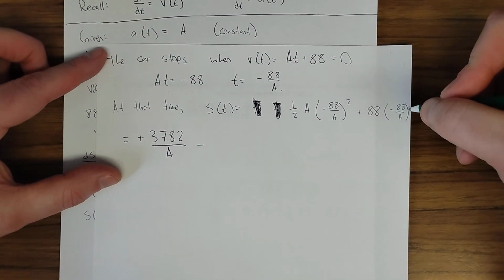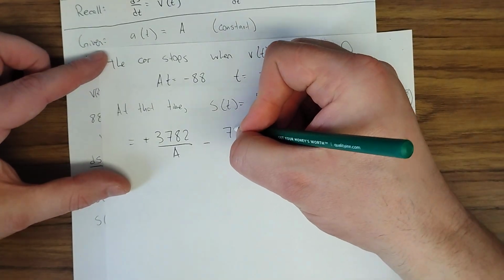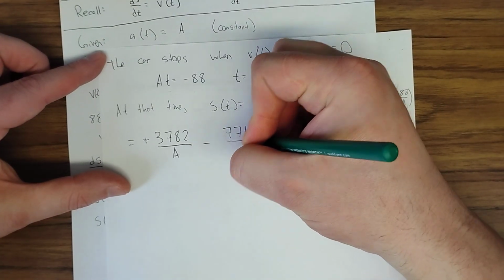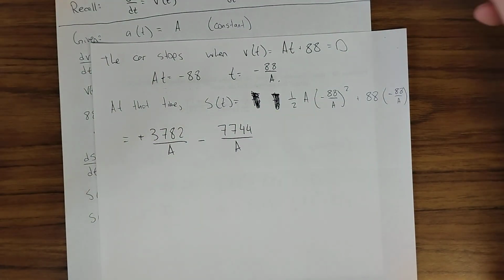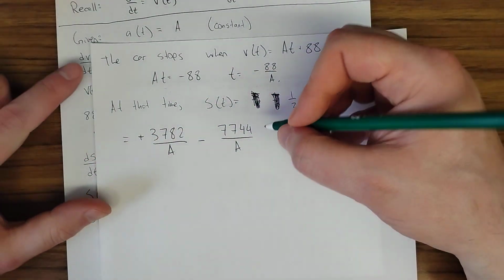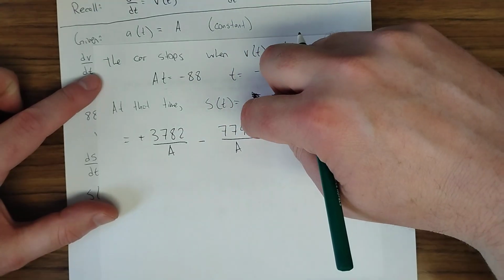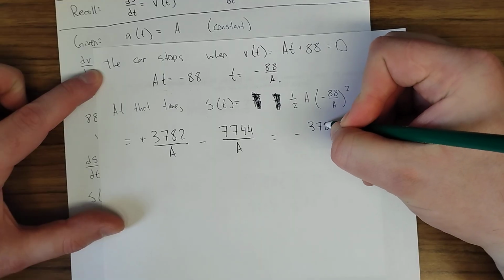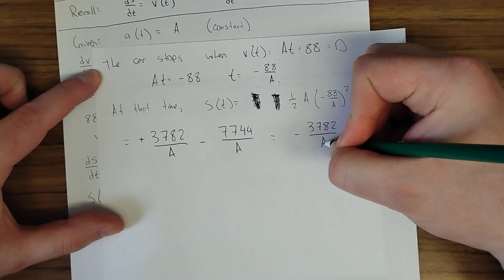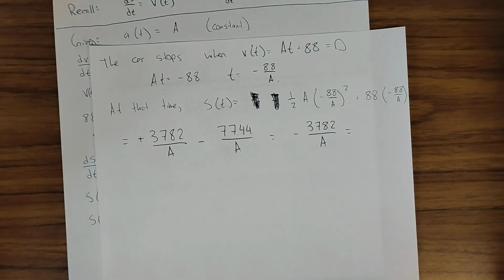And then 88 times 88 is 7744 over a. And then these are like terms. In fact, this number is actually just half of that number, so I get negative 3872 over a. Okay, what were we doing? I just spent a minute simplifying this.